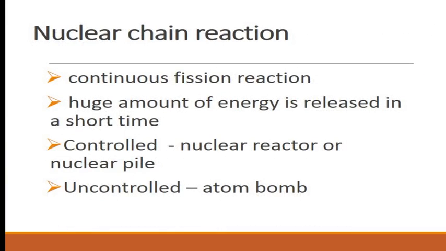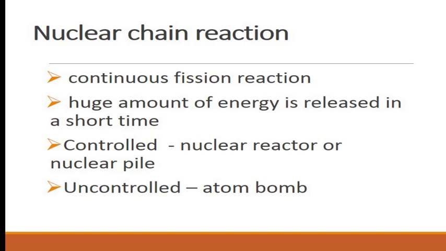Now what is nuclear chain reaction? We know that in each nuclear fission, uranium 92 235 produces three secondary neutrons.